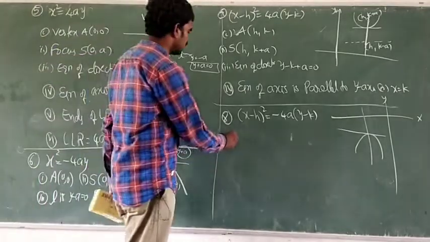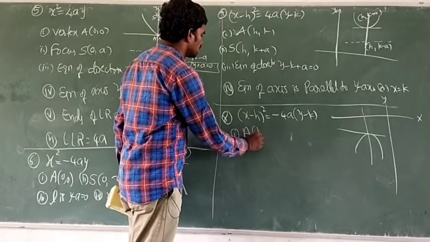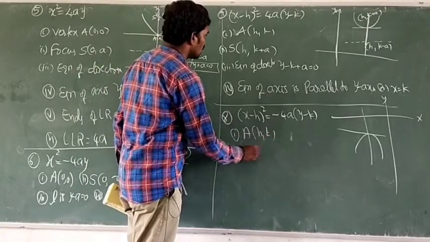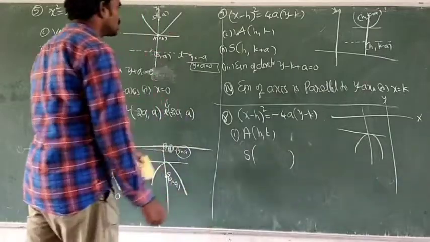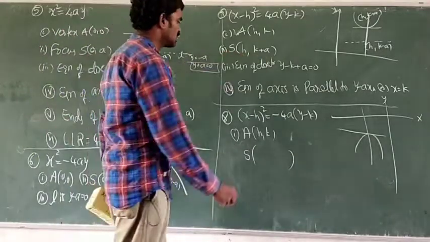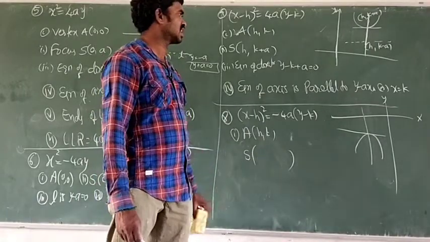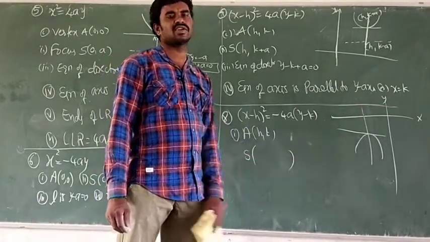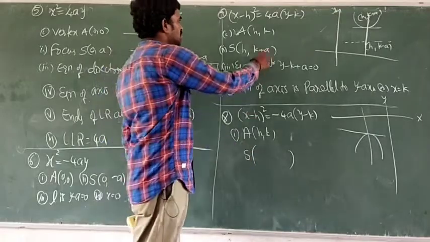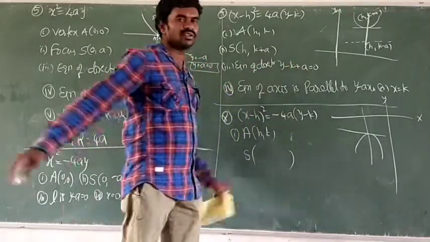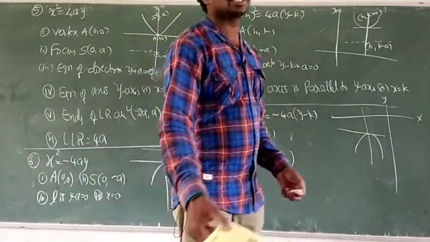You will get vertex h comma k. What is focus? Here h comma k plus a, and here h comma k minus a. Equation of directrix: y minus k minus a equal to 0. Just keep plus and minus and you will get it completely.